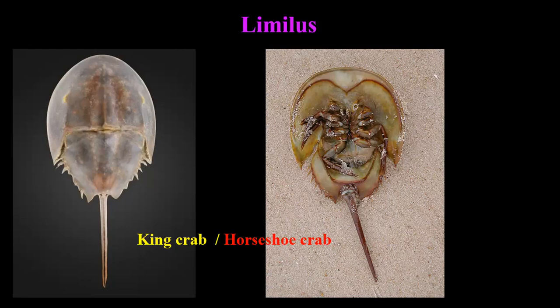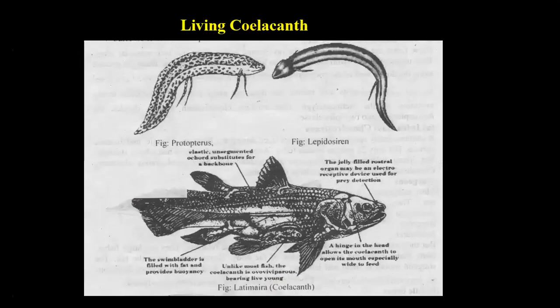Another such example is the living coelacanth fish, a crossopterygian fish from the Grand Comoro Island in the Indian Ocean. Its fossil counterpart is allegedly approximately 300 million years old, and no evolution has taken place in this type of animal.